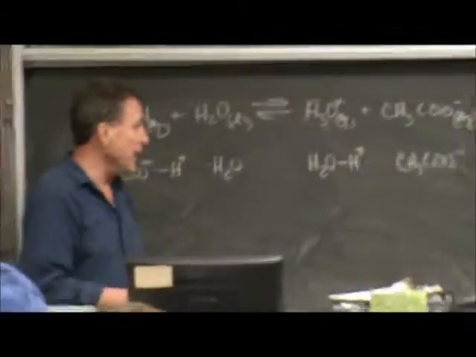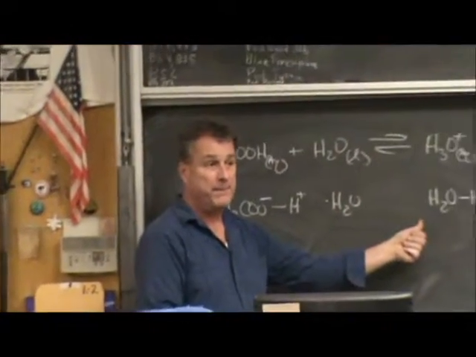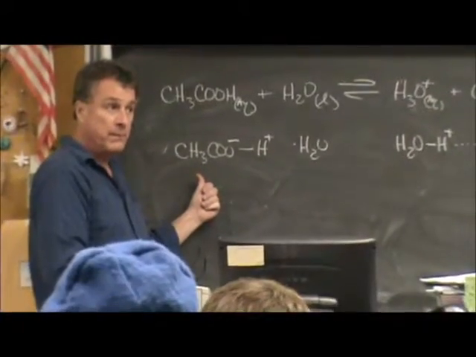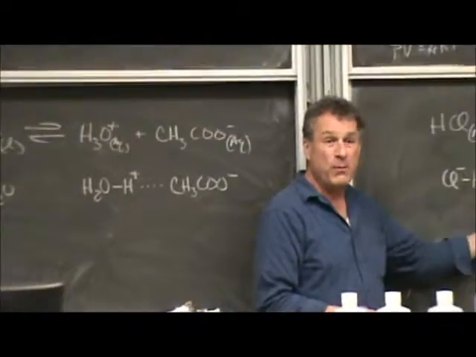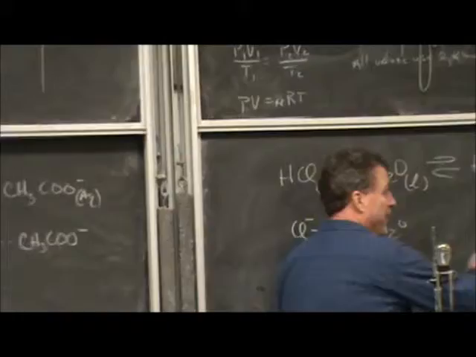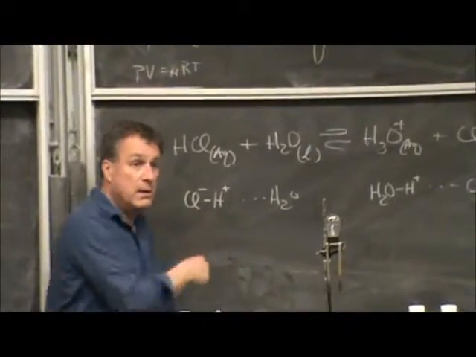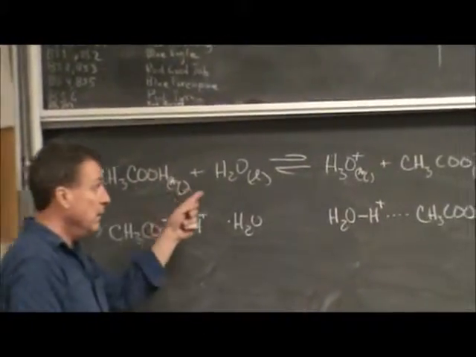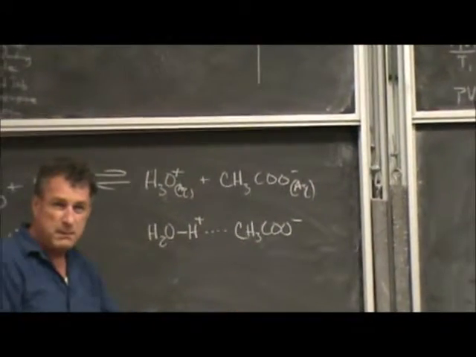So where do the hydrogen ions want to spend most of their time in the acetic acid solution? With the acetate ion. In this solution, the hydrogen ions want to spend more time with the water molecules. So we end up with a lot of these, and not very many of these. Over here, we end up with a lot of these, not very many of these.